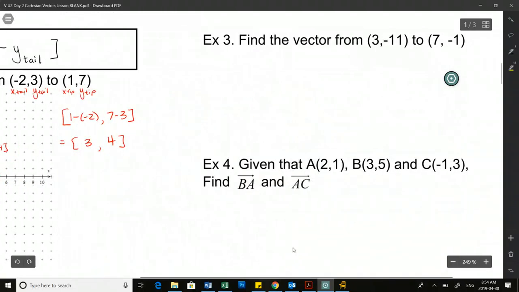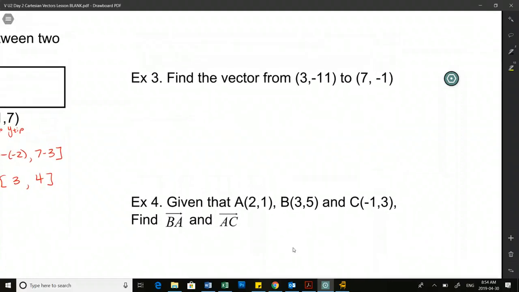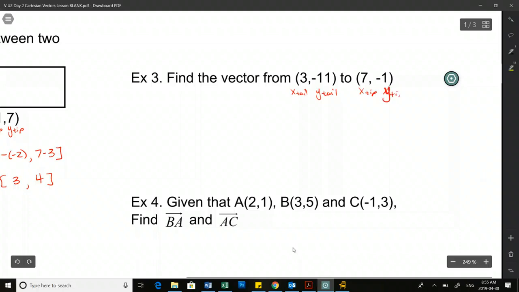Okay, so we'll try a few more here. If we want to find the vector from 3, -11, in other words, ending at 7, -1, this is going to be the x of the tail and the y of the tail, and this will be the x of the tip of the vector and the y of the tip. And then our vector is going to be equal to 7 minus 3 for the x-coordinate and -1 minus -11 for the y-coordinate.